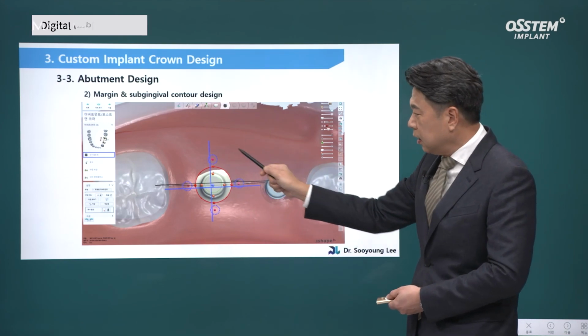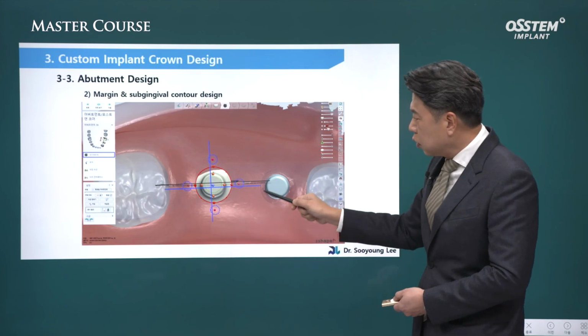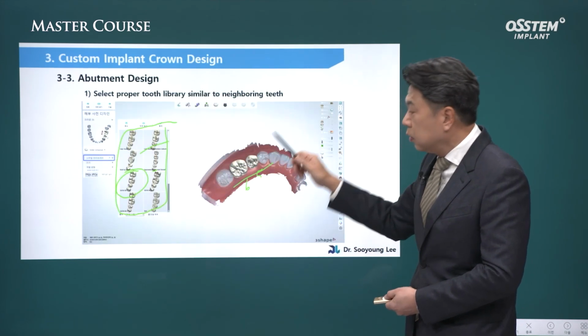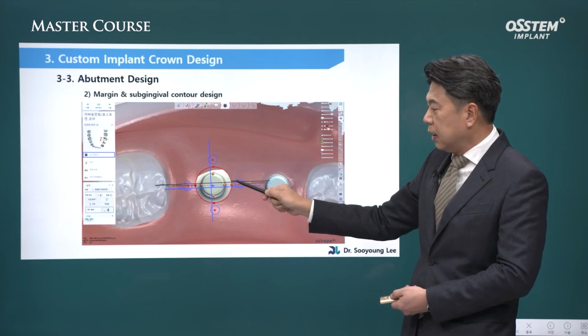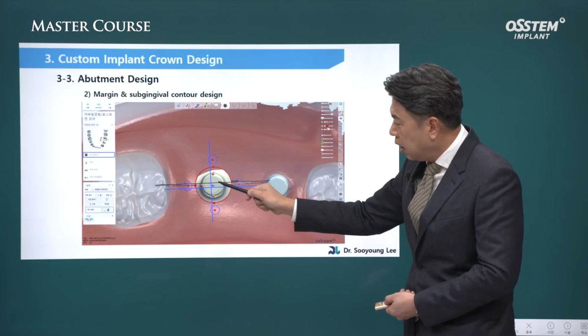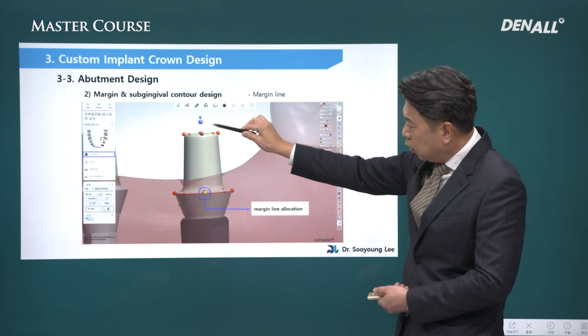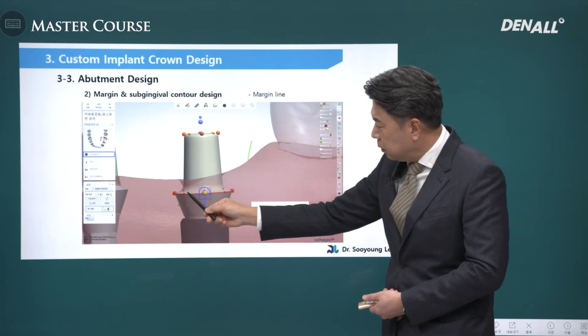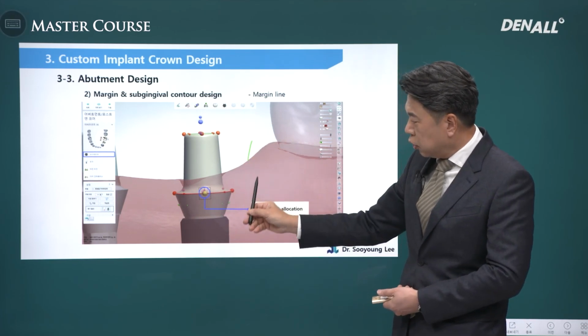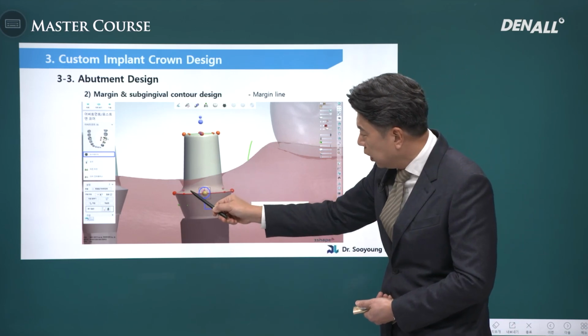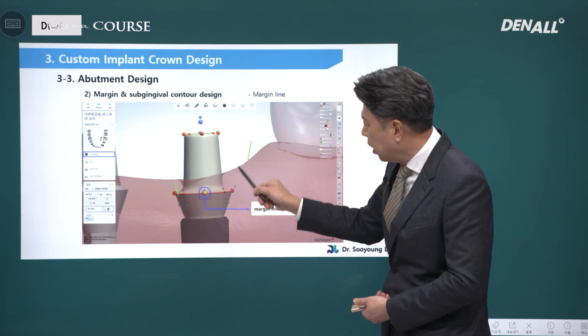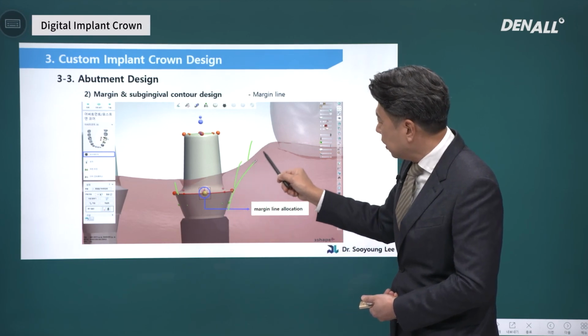Over it, the crown information set before is available. Inside, the abutment is designed first, so basically this appears. Left to right, front and back, the depths are adjusted. If you look at the suggested form, this should go up, and the emergence profile should be adjusted, and that adjustment can be done like this.